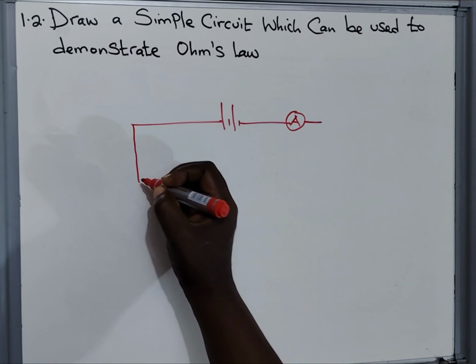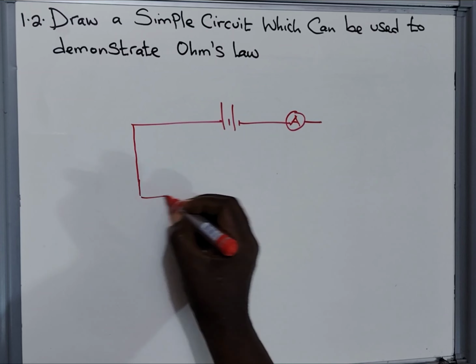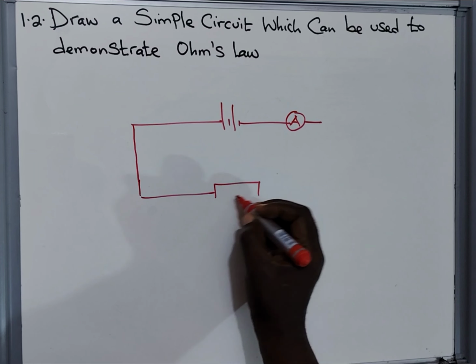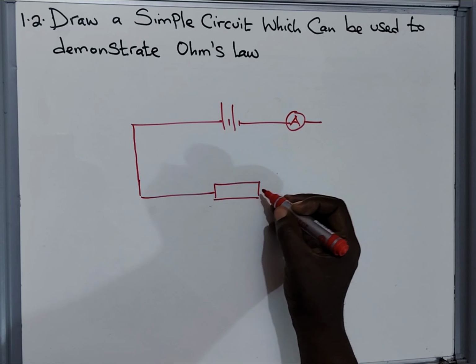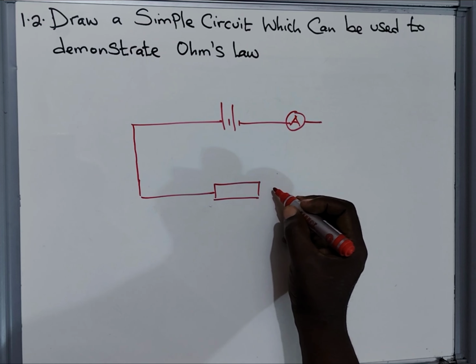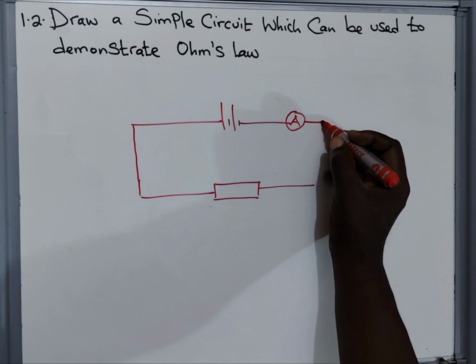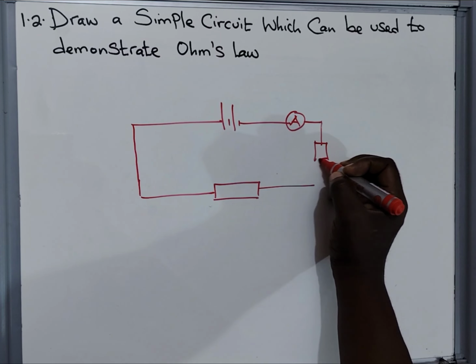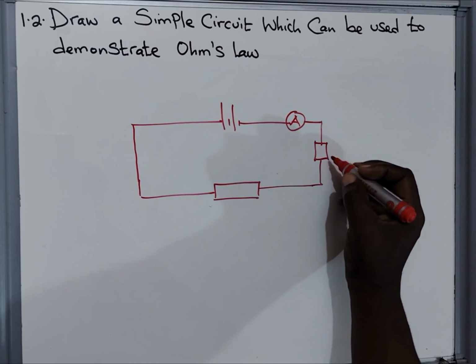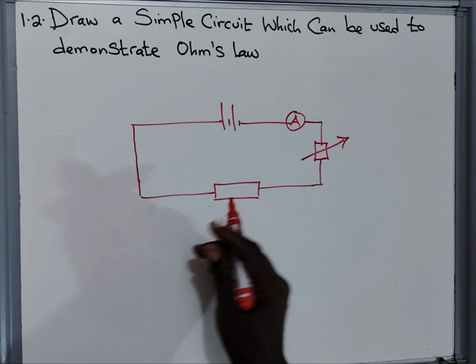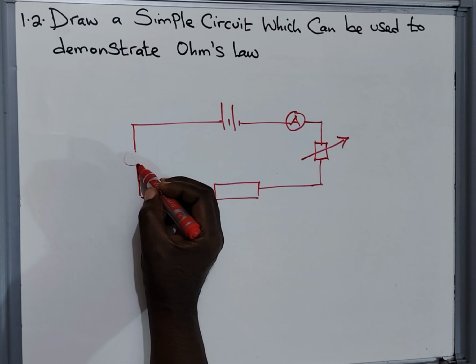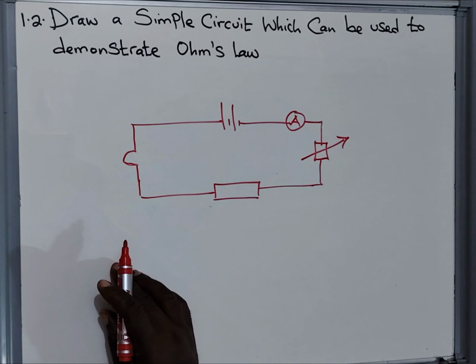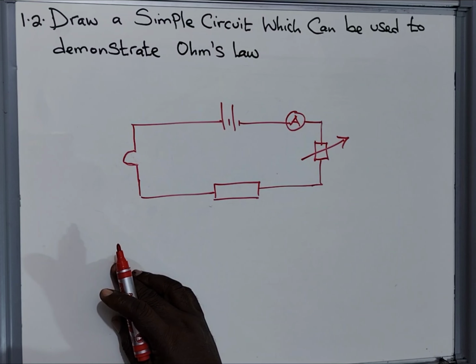Then we can go ahead and have our resistor, which is the conductor we are going to put under observation. Then we can have our rheostat here. Okay, we can put a switch so that the circuit can be switched on and off.